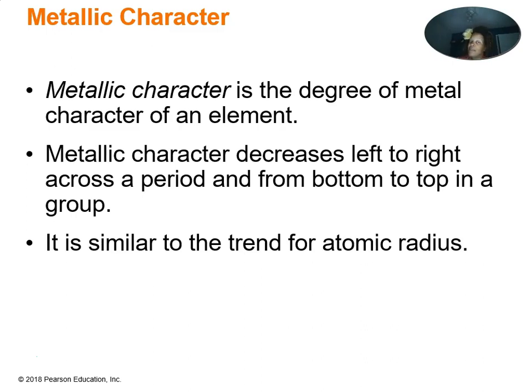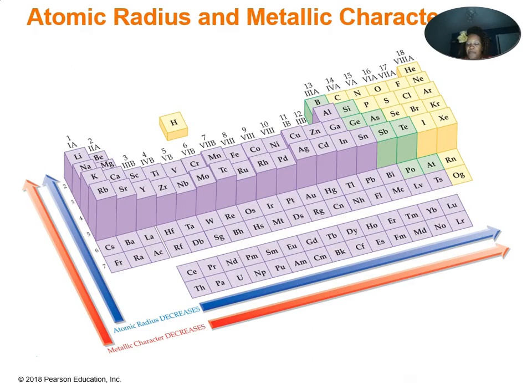And this is a similar trend to your atomic radius. So in other words, as you go from left to right, the metallic characteristic trait tends to decrease. That's where you find your non-metals. And because your non-metals are on that side, they typically don't like to bond with other elements unless they are metals anyway. So here's an illustration here.